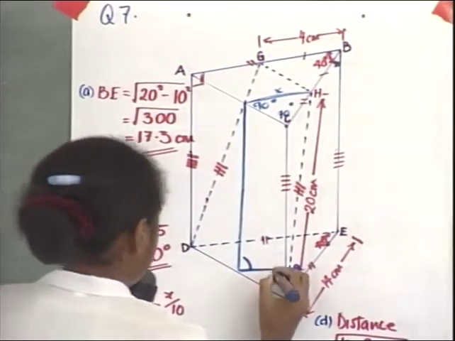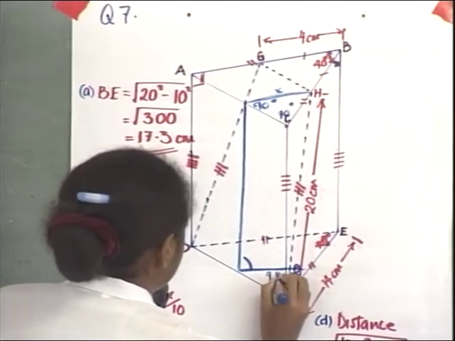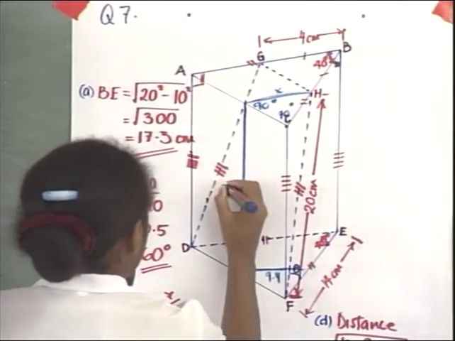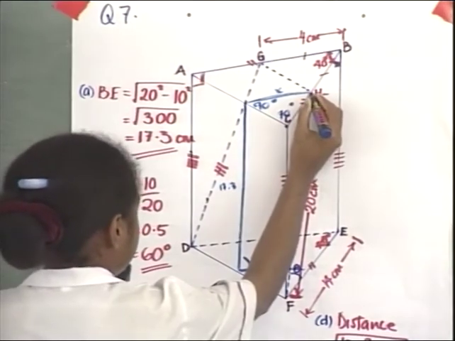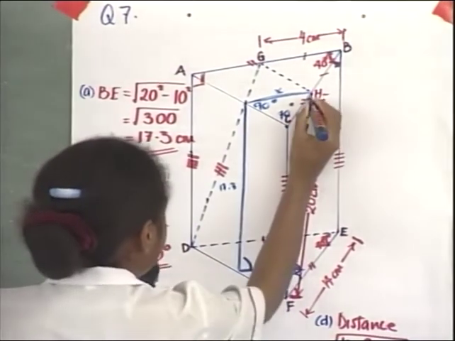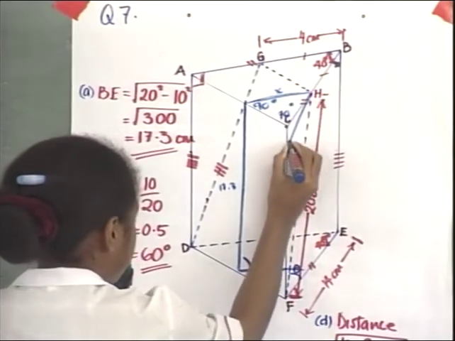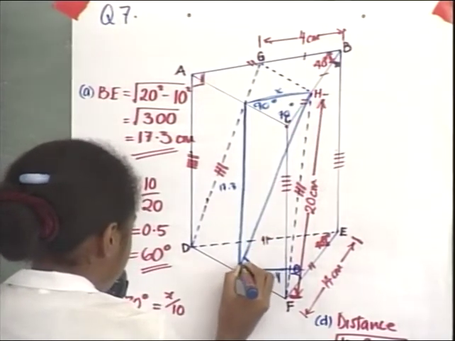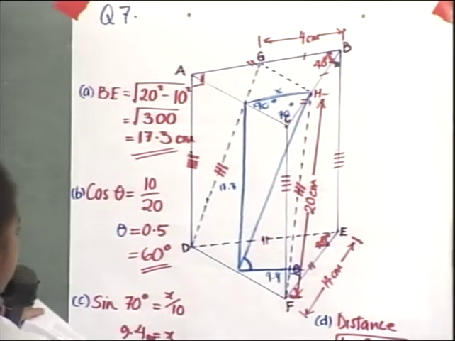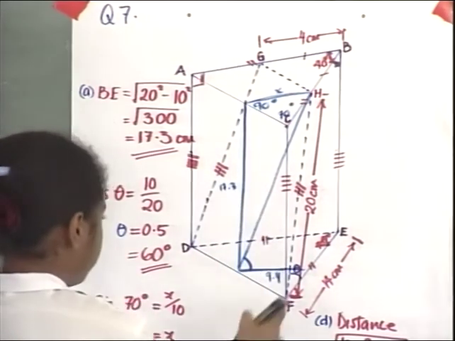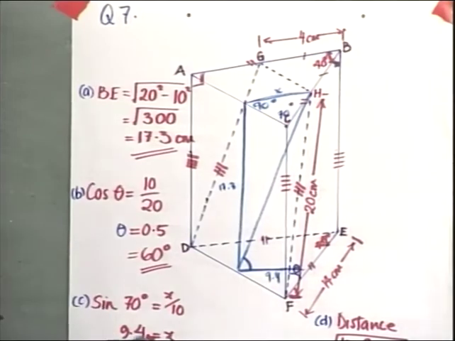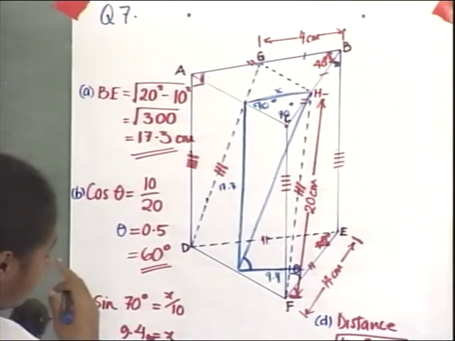So this is 9.4 centimeters, and this is 17.3. Because this is not a complete right-angled triangle, we draw the hypotenuse line coming down this way. So we find the hypotenuse: the square root of 9.4 squared plus 17.3 squared is equal to 19.7.